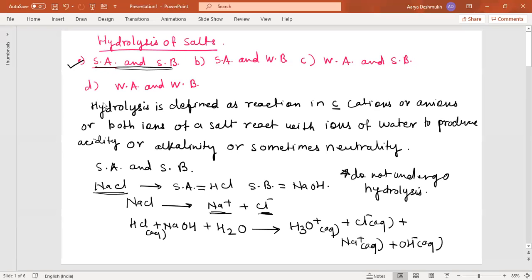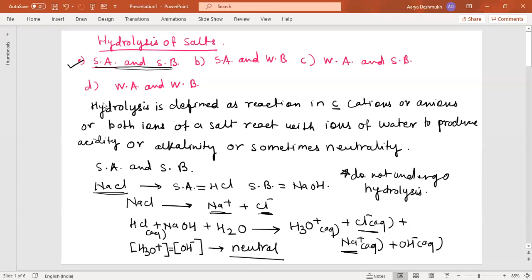Okay, so neither cation, this sodium ion, nor anion, this chloride ion, reacts with water, or you can say in other words, there is no hydrolysis. Means the concentration of this protonium ion formed in the above reaction will be equal to the concentration of OH- ions formed. So the pH of this solution will be neutral.